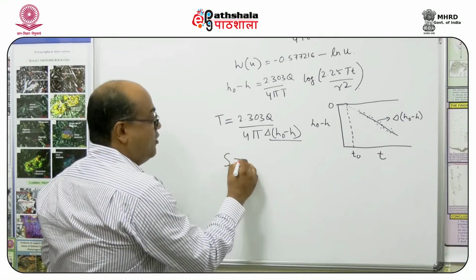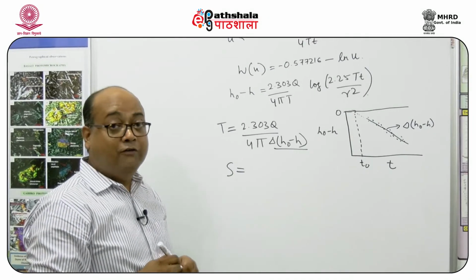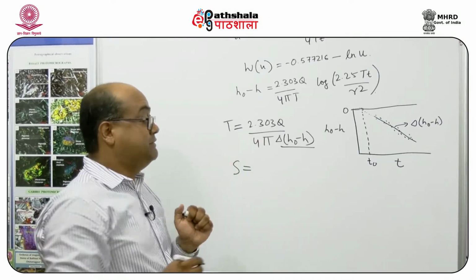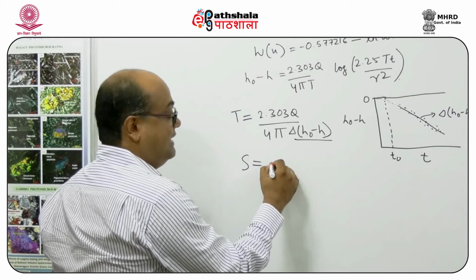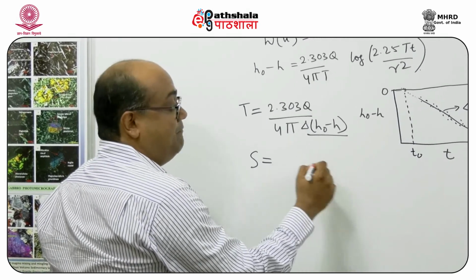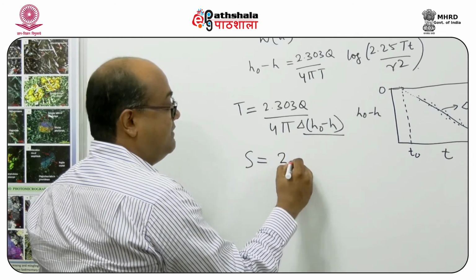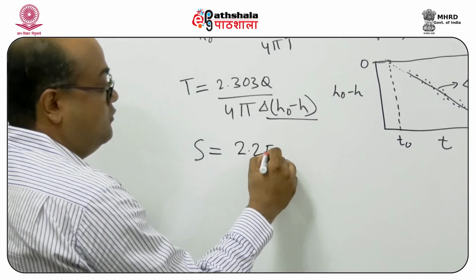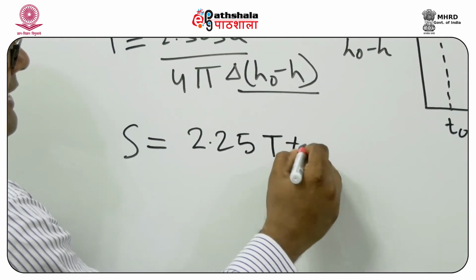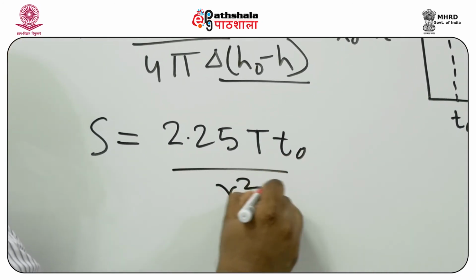And then, once we have the value of transmissivity, we can obtain the value of storativity by using the value of T0. Basically, it is given by 2.25 T0 divided by R square.